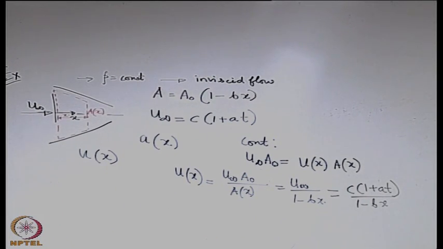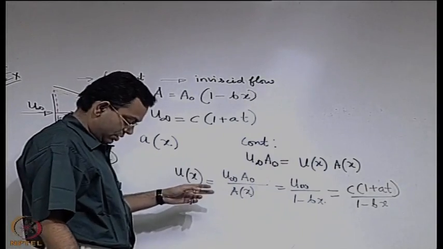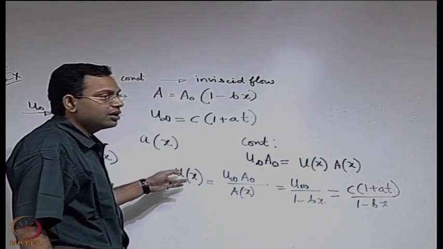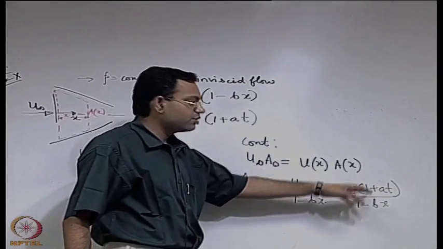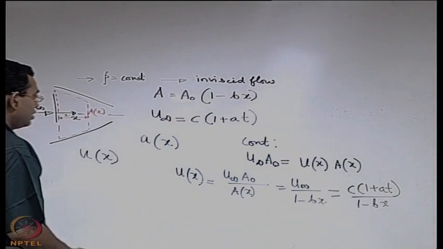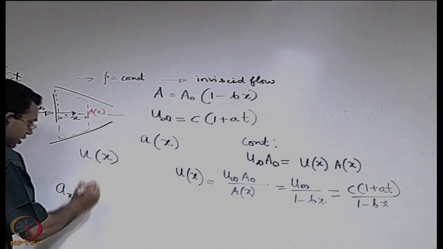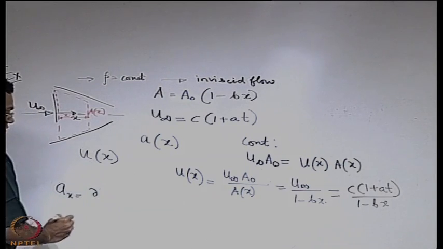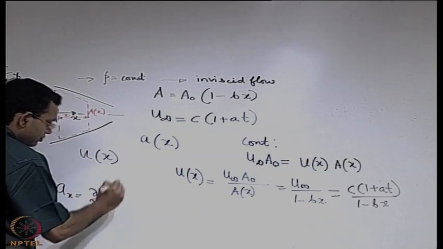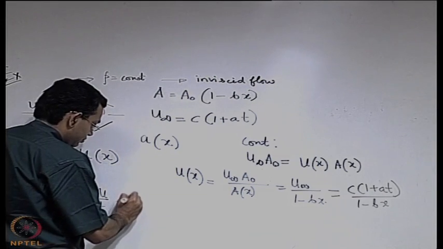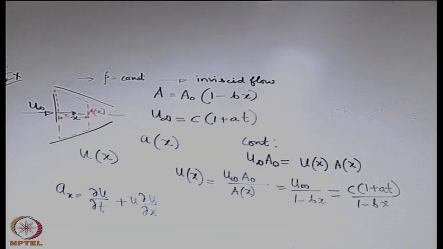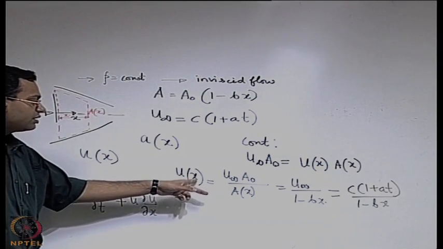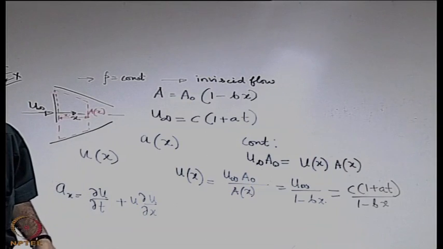Once you know what is u as a function of x, the next thing that you can do is utilize the expression for acceleration. So it is not only a function of x but also a function of time. So the remaining work is very straightforward, the acceleration along x. It is just a one dimensional type of flow, but u here we write is not just a function of x but also a function of time.